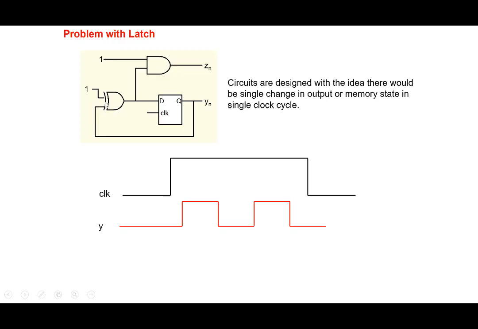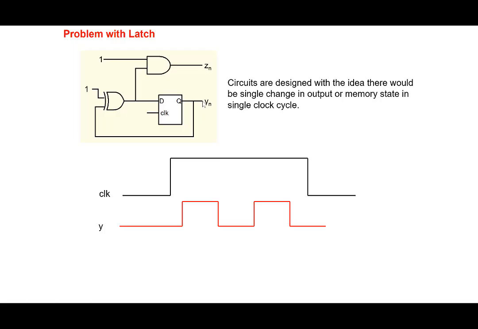If we had less delay in this particular one, maybe it could have gone from 1 to 0 to 1 to 0, and maybe it could have gone to 1 again, and then maybe the output would have been 1, right? So because of the delays in the circuit, and the delays are unpredictable, we don't know what the output of this particular latch is going to be.